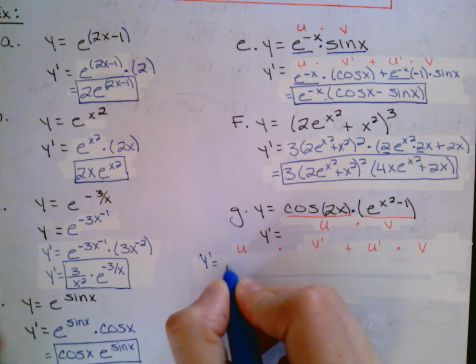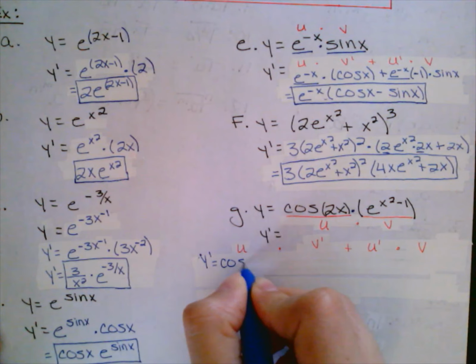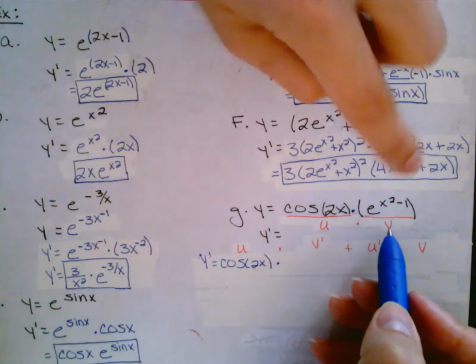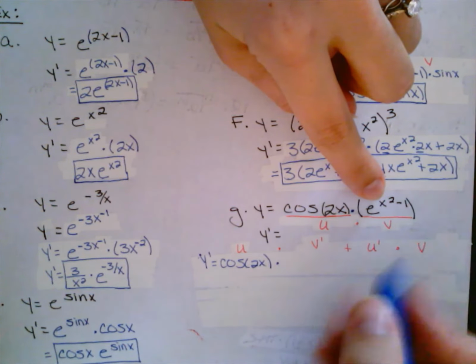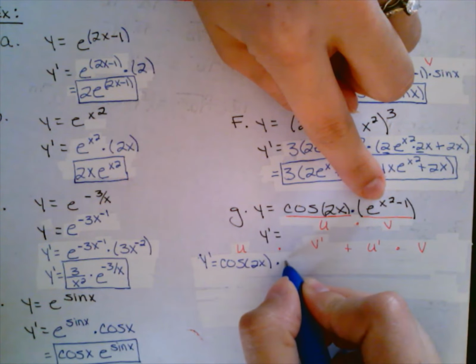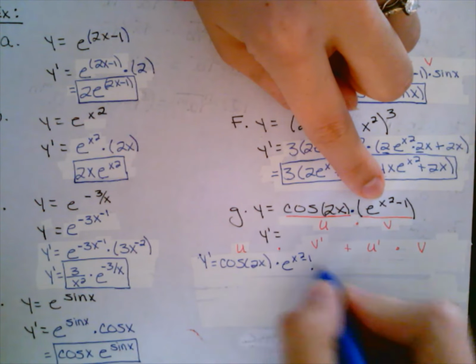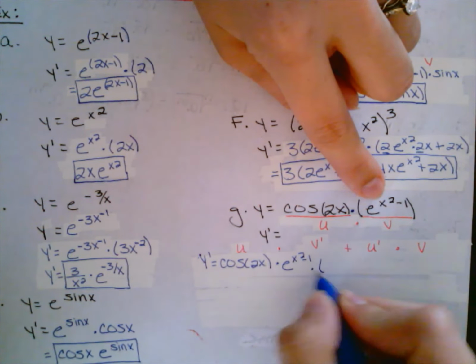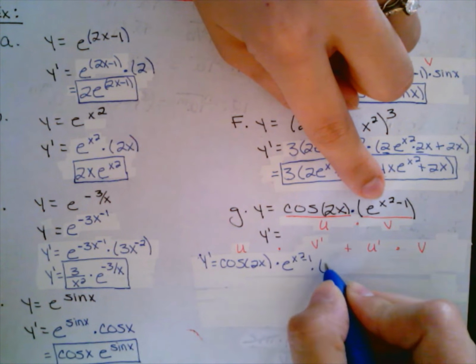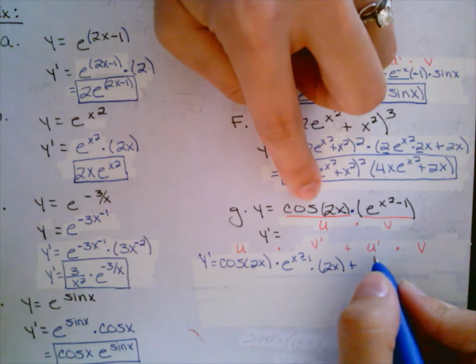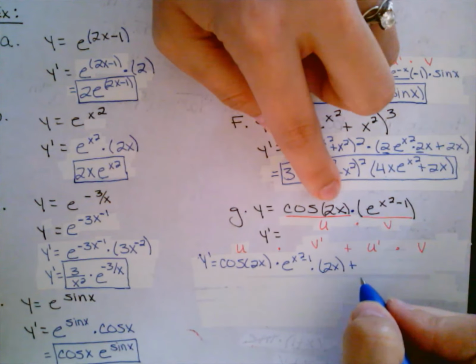So we're just going to say y prime equals cosine of 2x times derivative of e raised to x squared minus 1. Remember, the e is rewrite, times derivative of the exponent. Derivative of x squared minus 1 is just 2x. Plus u prime, derivative of cosine of 2x.